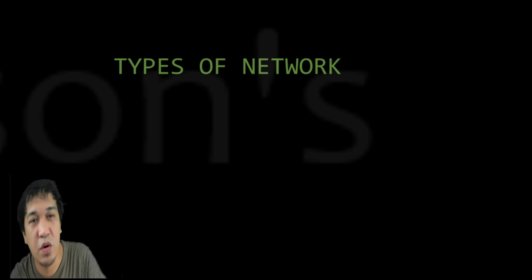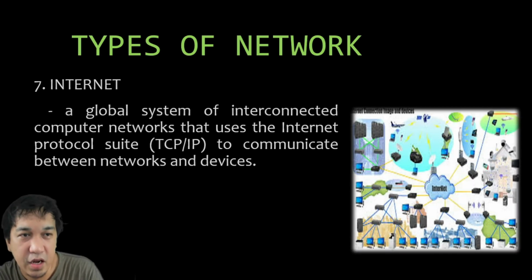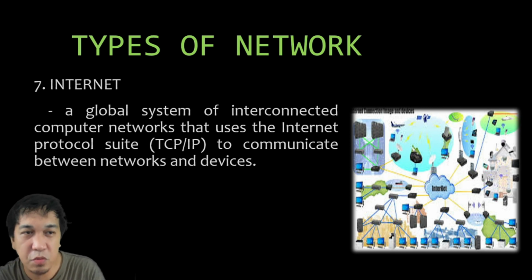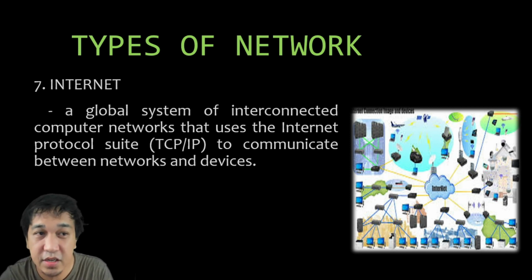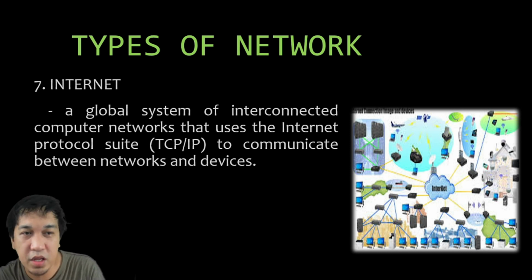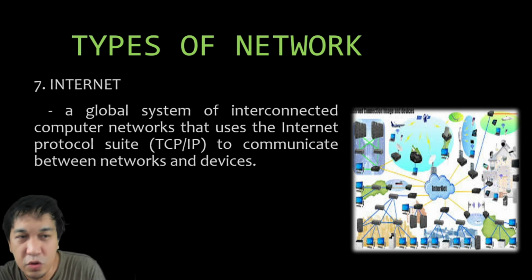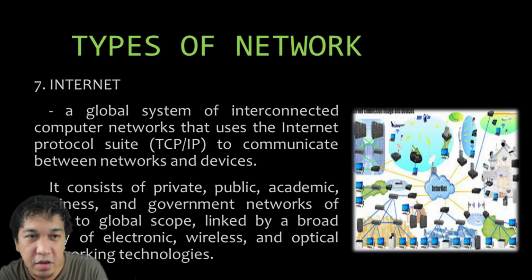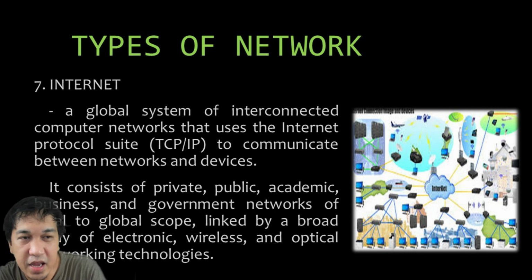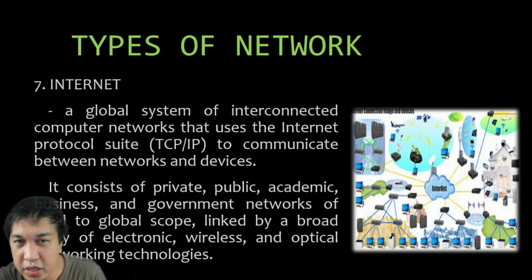Another type of network is the Internet, a global system of interconnected computer networks that uses the Internet Protocol Suite (TCP/IP) to communicate between networks and devices. It consists of private, public, academic, business, and government networks of local to global scope, linked by a broad array of electronic, wireless, and optical networking technologies.